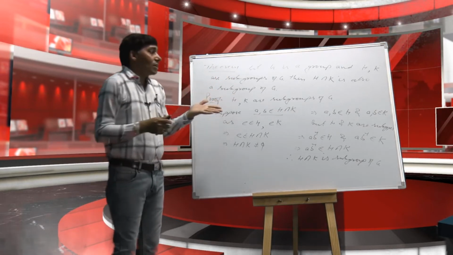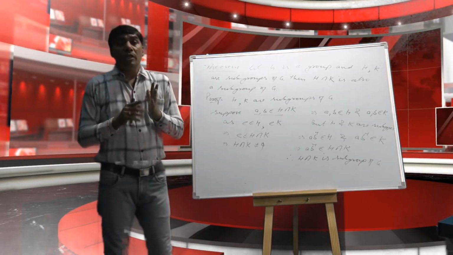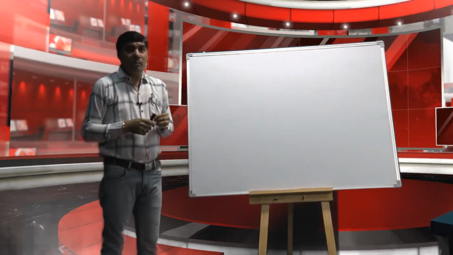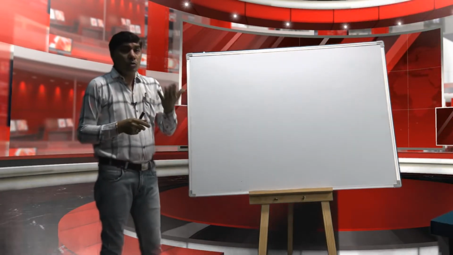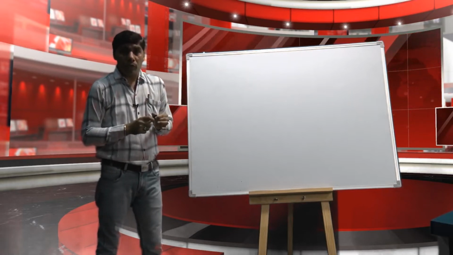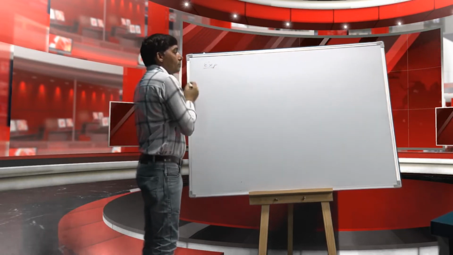In the next result, we have to prove that the union of two subgroups need not be a subgroup. Now we can take an example of two subgroups whose union is not a subgroup. So let us discuss the example.